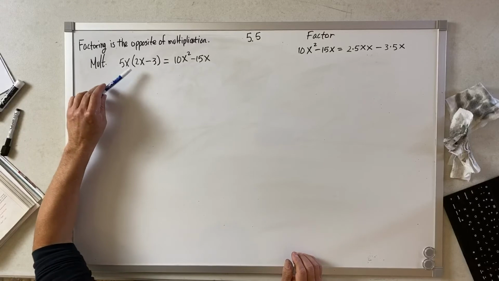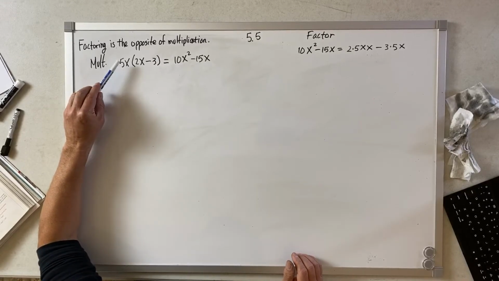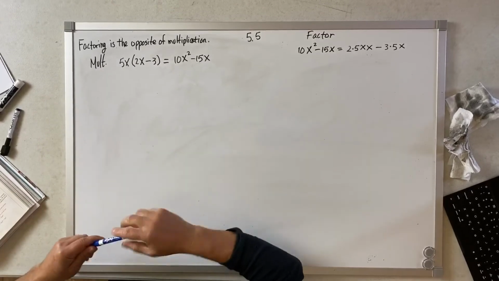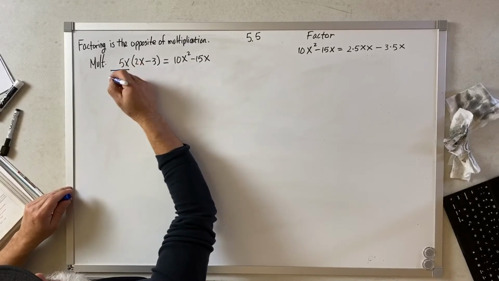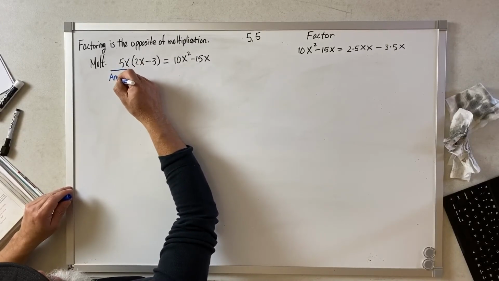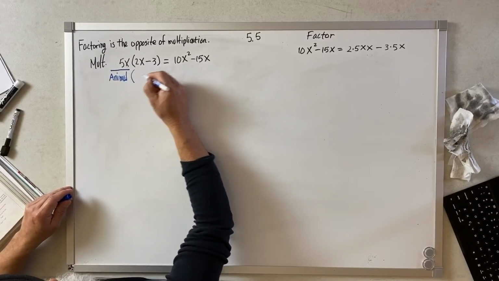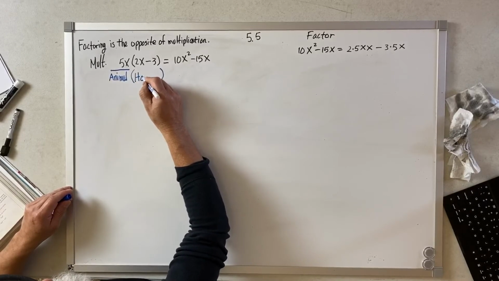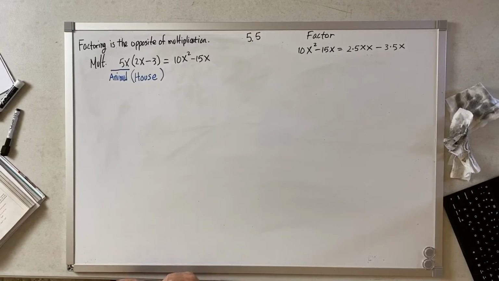Note, guys, look right here. I call this 5x the animal, and this parentheses I call the house.